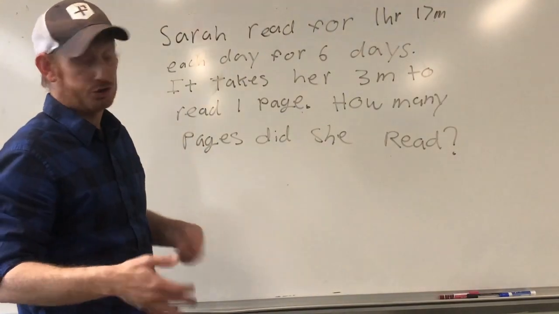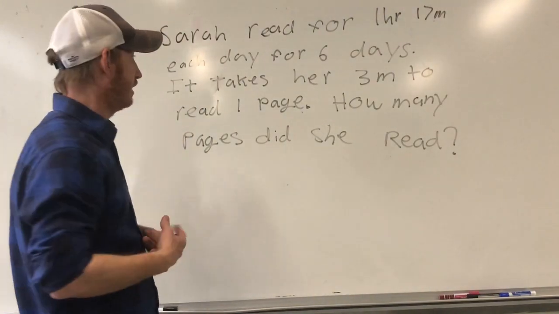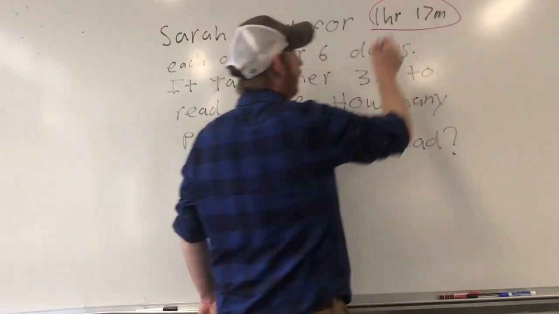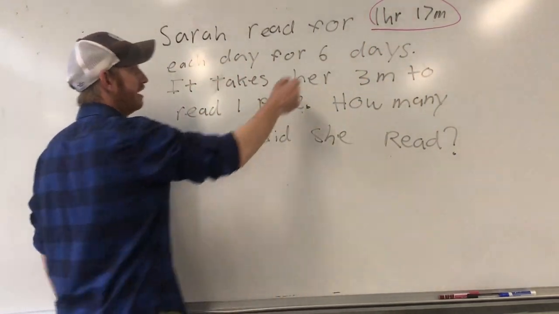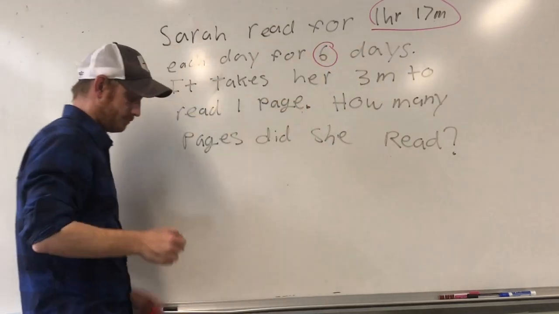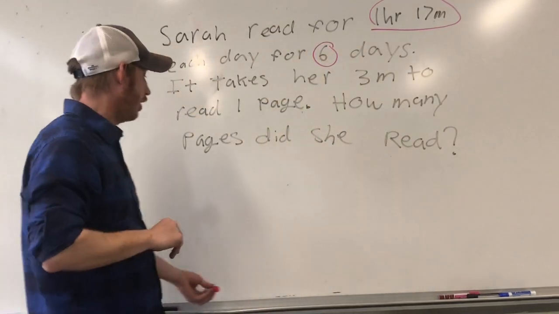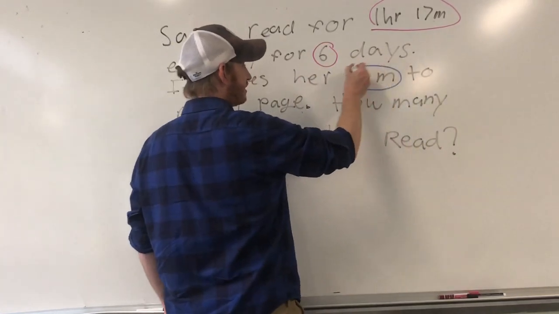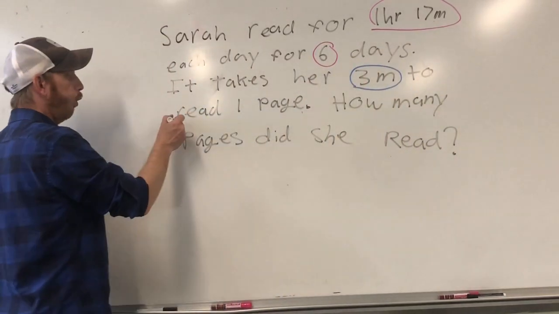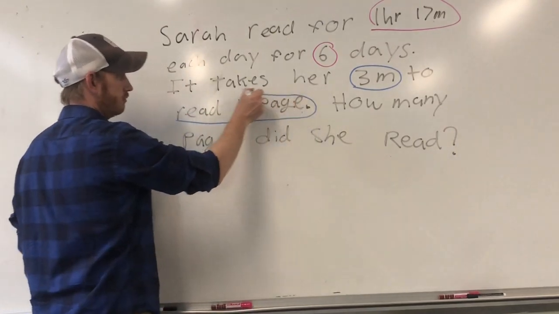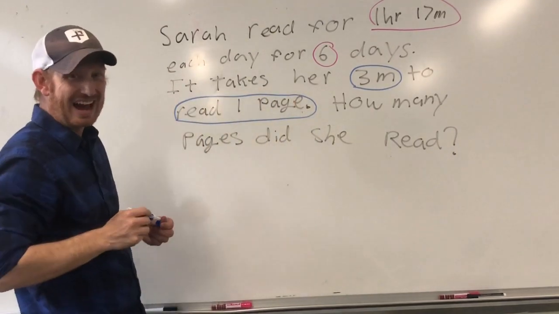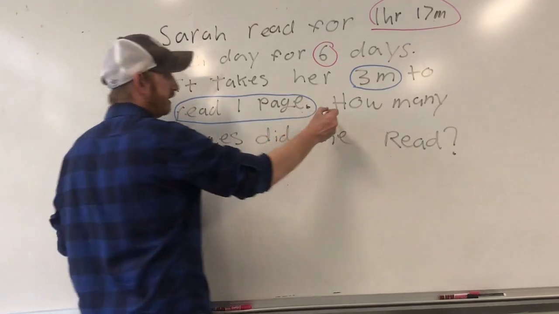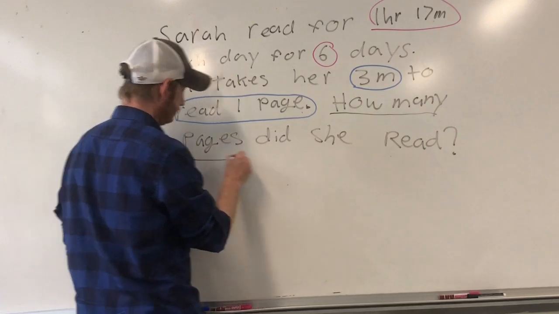So the first thing I'm going to do, like always, is take out the important information. I know that she's reading for 1 hour and 17 minutes for 6 days. And then the second thing I know is that it takes her 3 minutes to read 1 page. And using that information, I'm going to figure out how many pages she read.